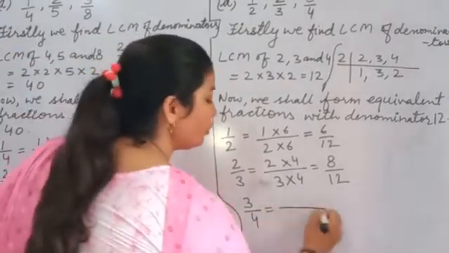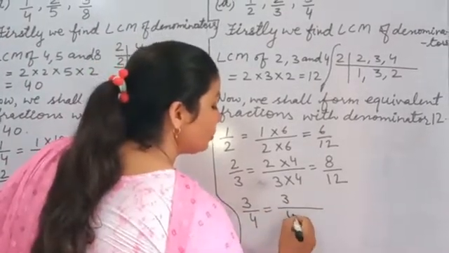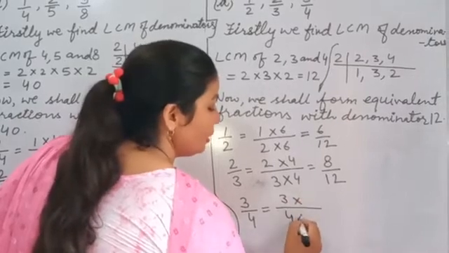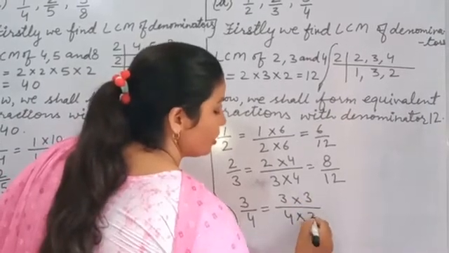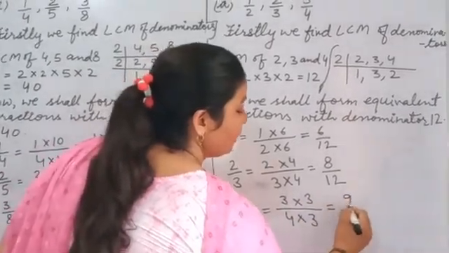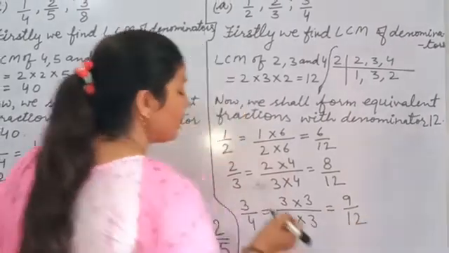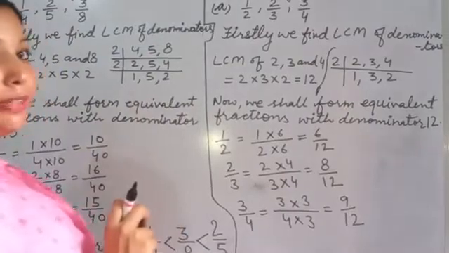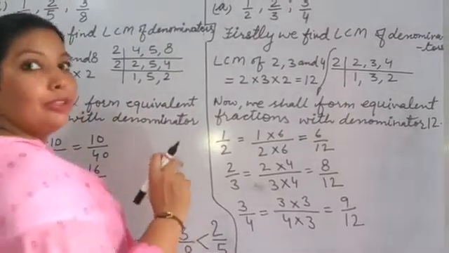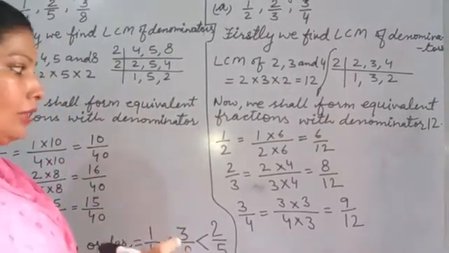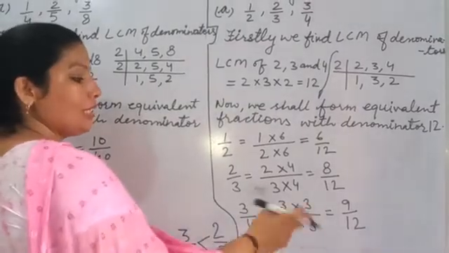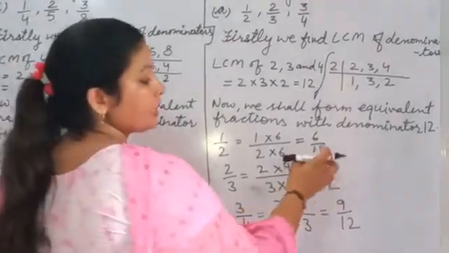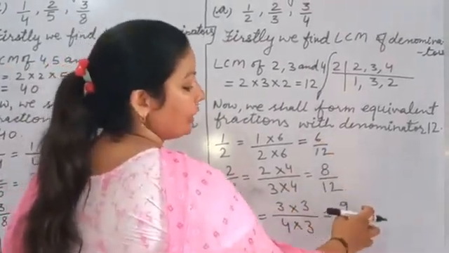So 3/4, both numerator and denominator should be multiplied by 3. 3 3s are 9 and 4 3s are 12. So we should recite the table of denominator where we are getting 12. Now here is 6/12, 8/12, 9/12.